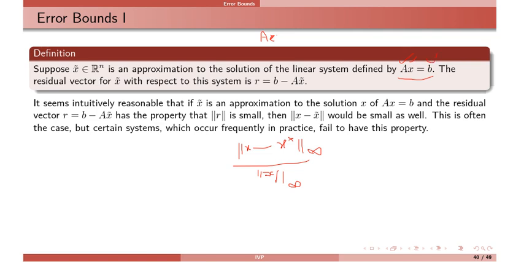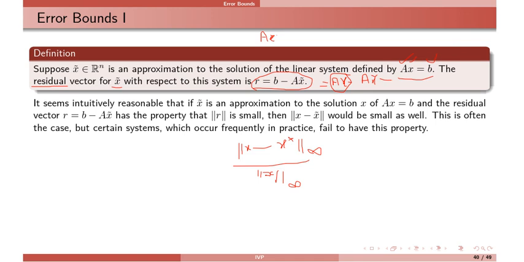Then we define a residual vector for the approximate solution x bar, or you can write x star. So what is the residual vector? This is just Ax minus A times the approximate solution, and you can write B for this Ax, so this is just B minus A x tilde.